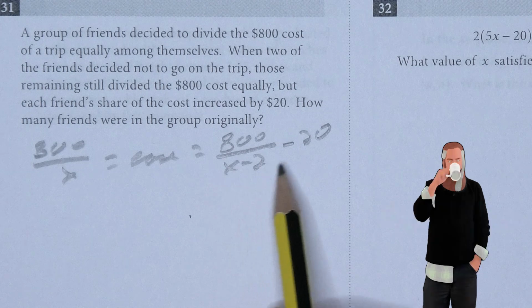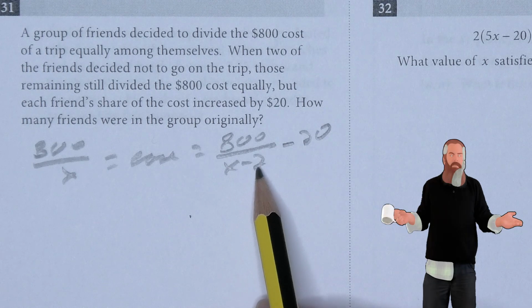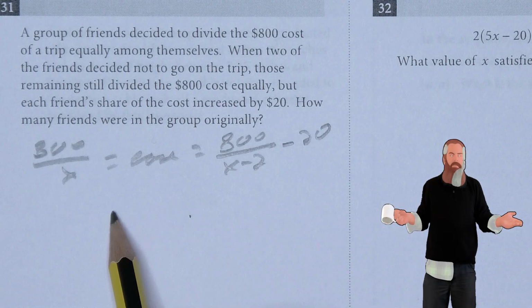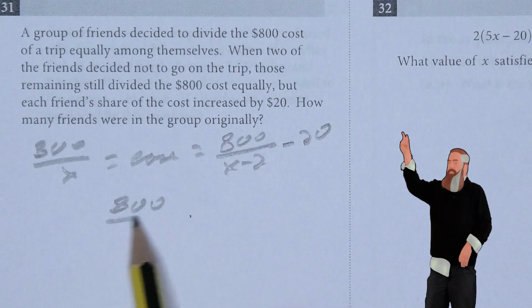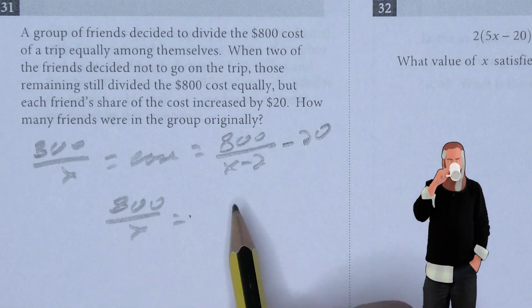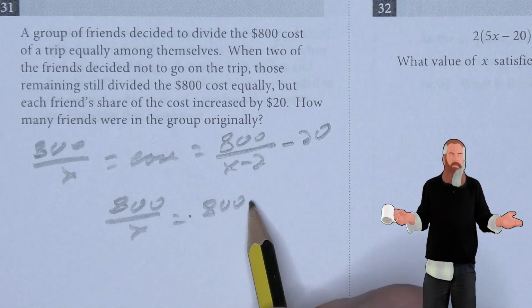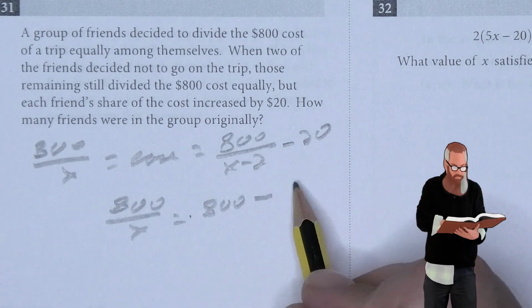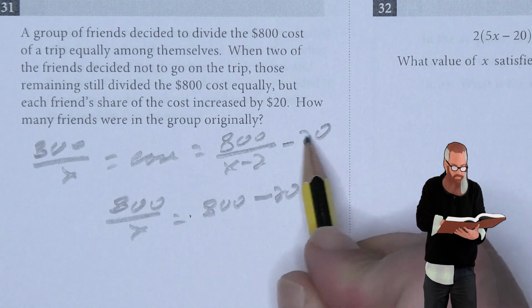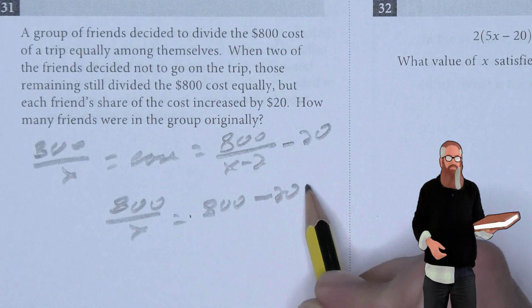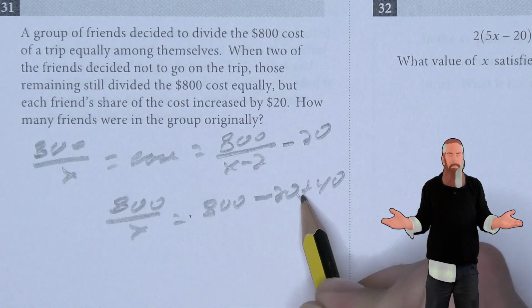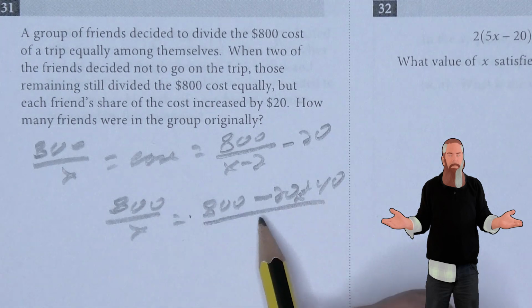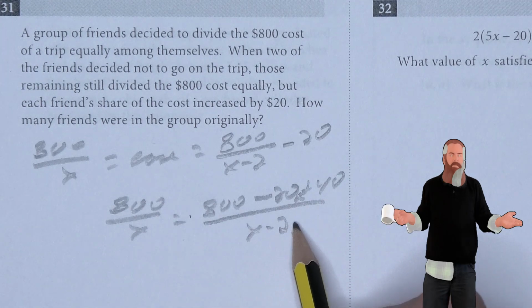It would be helpful if on the right side I had x minus 2 as the entire denominator. So let's rewrite all of this. So I have 800 over x is equal to 800 minus 20 times x, which is 20x, 20 times negative 2, which is a positive 40, don't forget that x there, all over x minus 2.